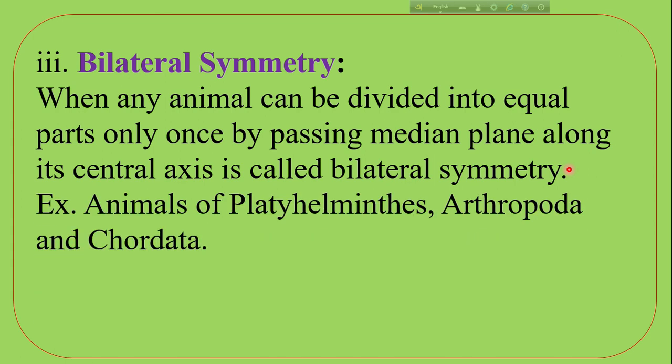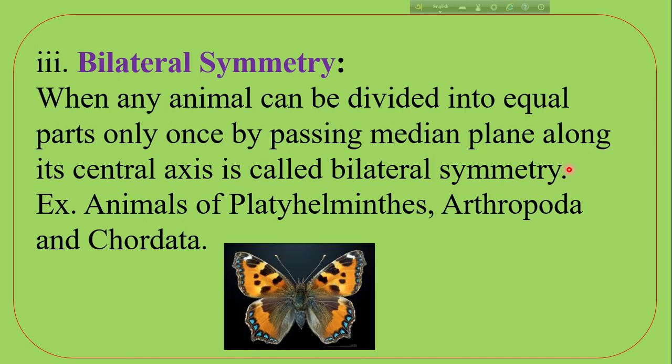Animals of Platyhelminthes, Arthropoda and Chordata. Butterfly: this is bilateral symmetry. That means we may divide it into two same parts. Humans also are bilaterally symmetrical.